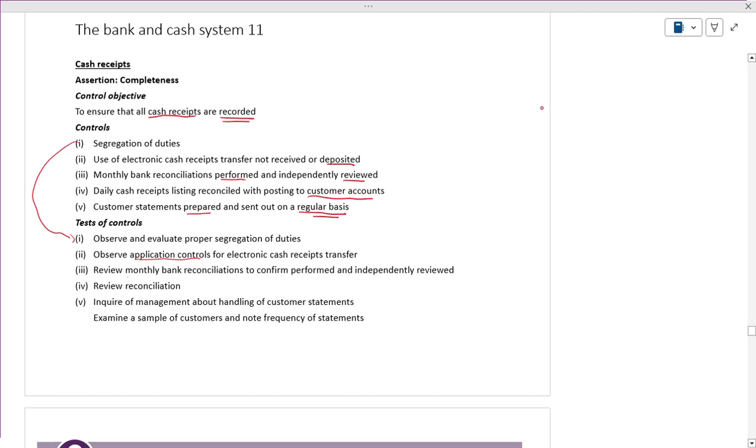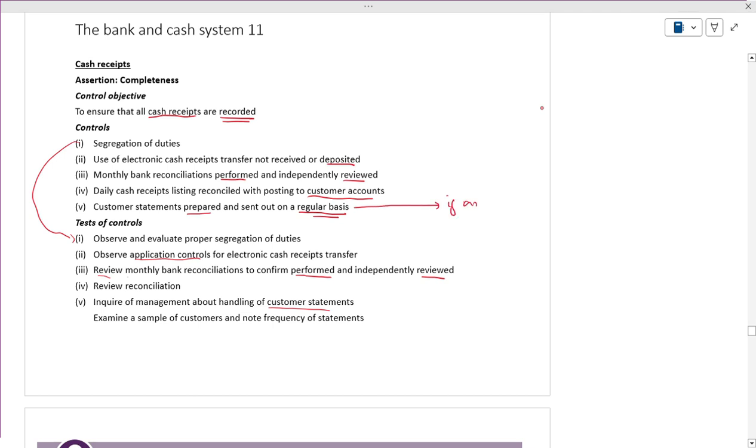We are reviewing the bank reconciliation statement, whether it has been performed and reviewed. Review the reconciliation and inquire with management about handling of customer statements. Why are we giving customer statements prepared on a regular basis?